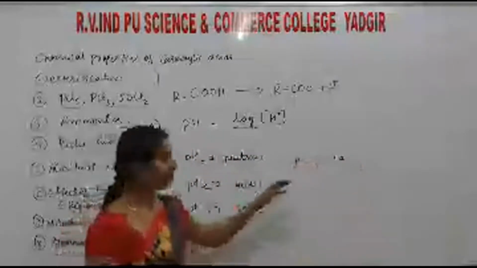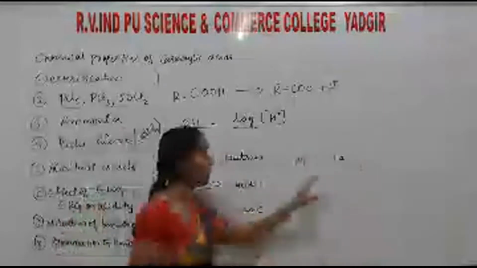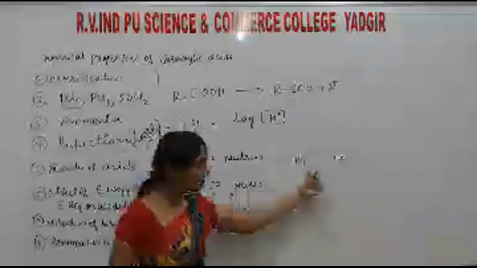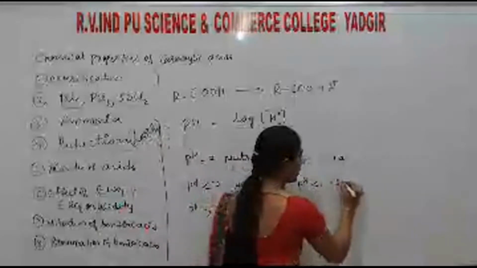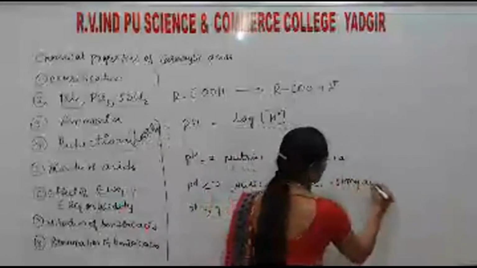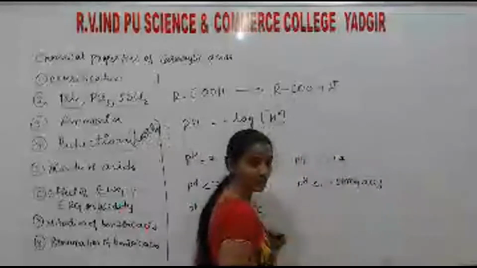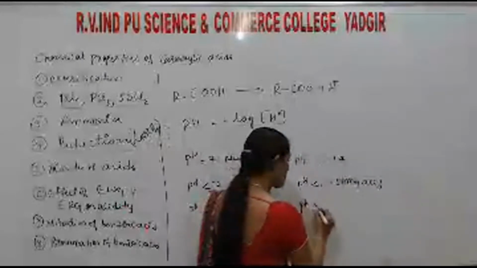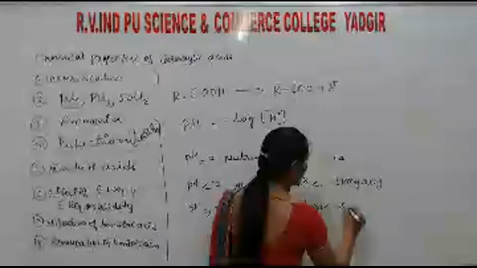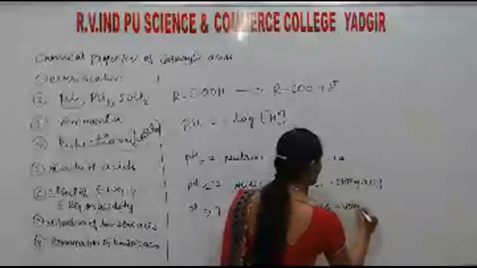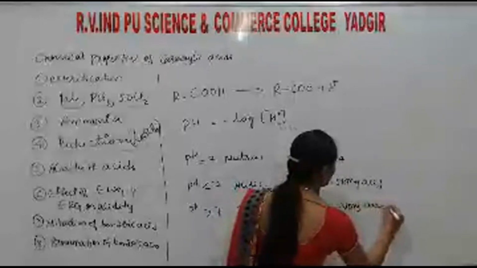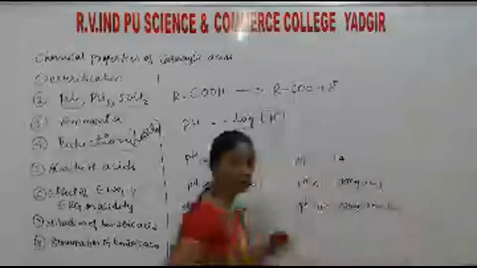If the pH is very much less than 1, that is very strong acid. And the pH which is greater than 14, that is strong base.